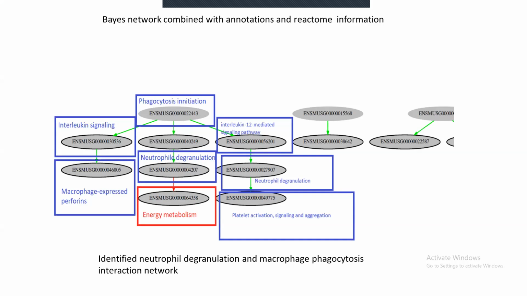Phagocytosis, interleukin signalings, neutrophils, drawing other cells. The answer is clear. This cell is fighting the tumor. And such cells are very interesting in biomedical research, because if we know that a cell has recognized the tumor and is destroying it, perhaps it could be multiplied, it could be augmented to fight it even more, it could be analyzed to see how it has recognized the tumor, and many other things, and expand the research from this perspective.